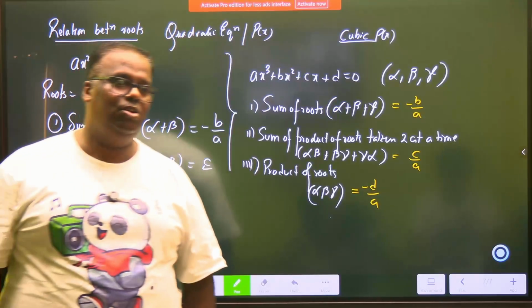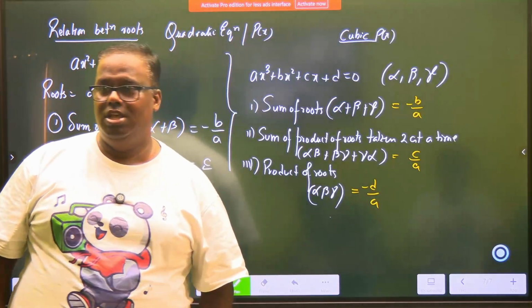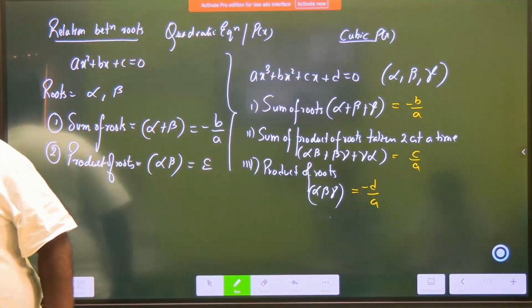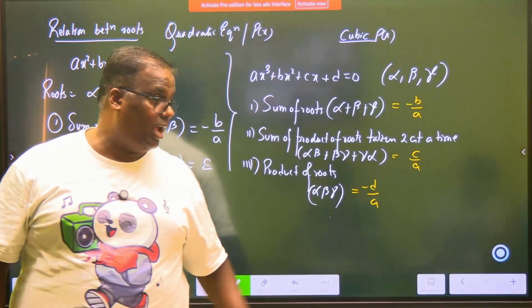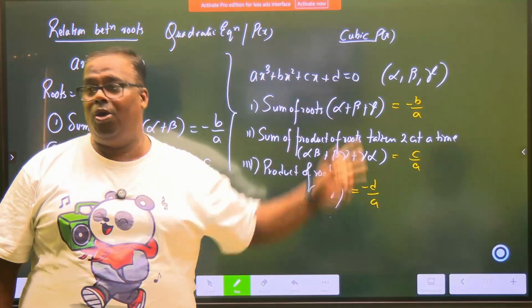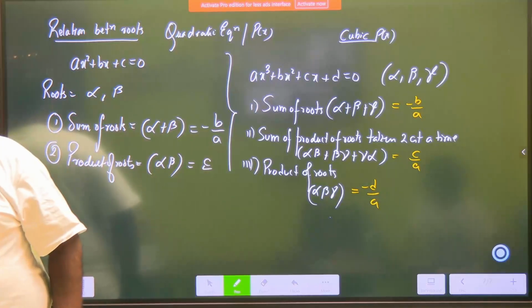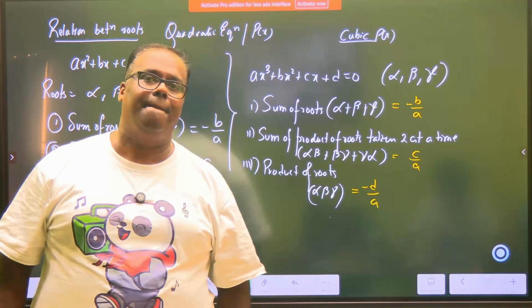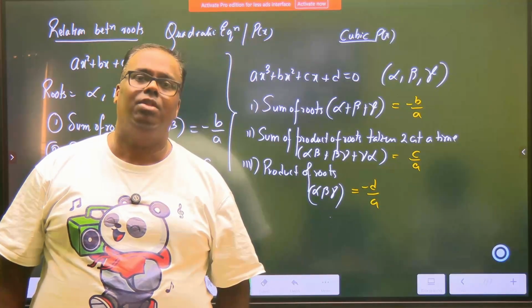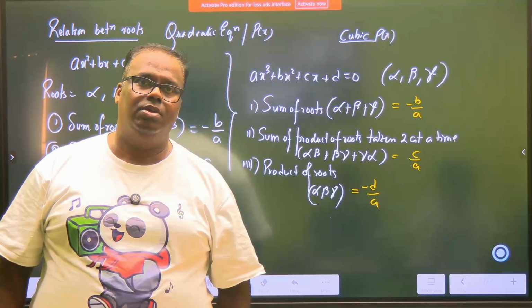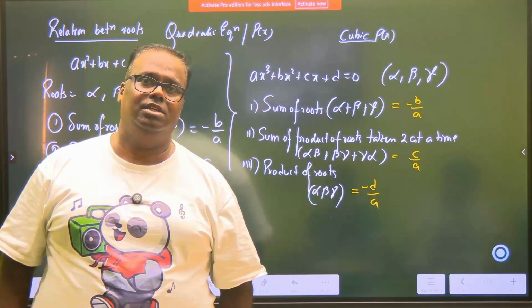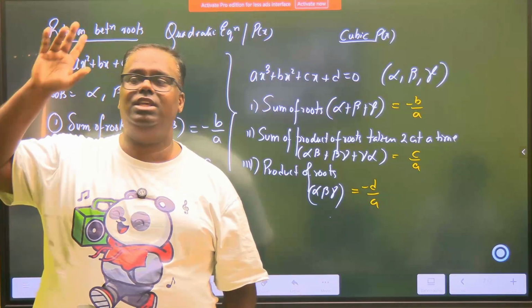Discriminant less than 0, roots do not exist. How can you solve a quadratic equation? So far we have learned only two techniques, either by graphical method or by factorization method. If the discriminant is less than 0, then the roots are unreal, they do not exist. The graph will never touch the x-axis.